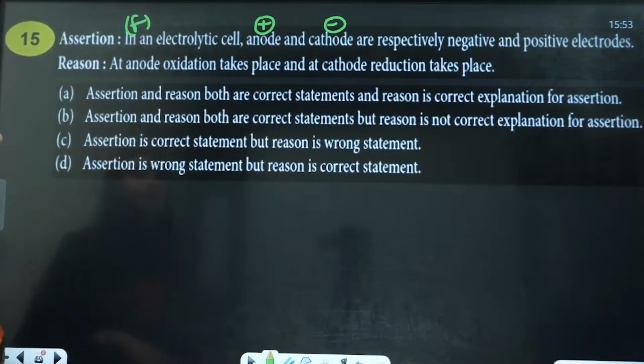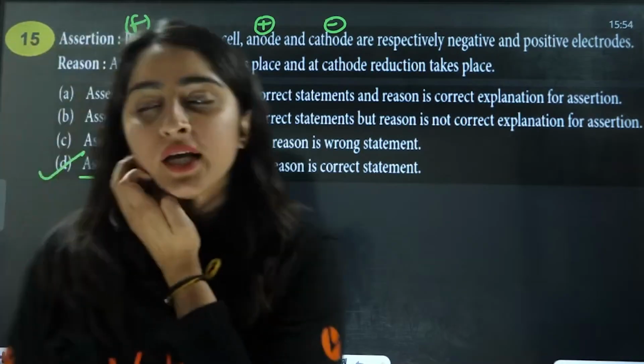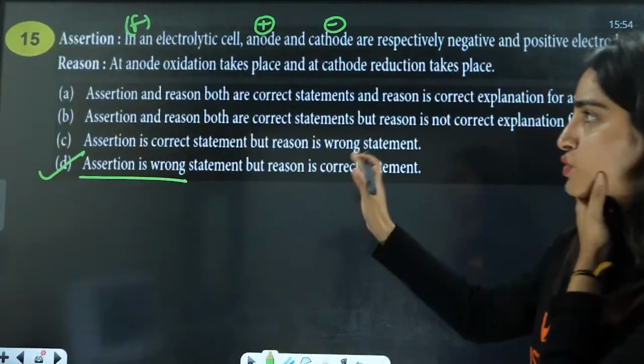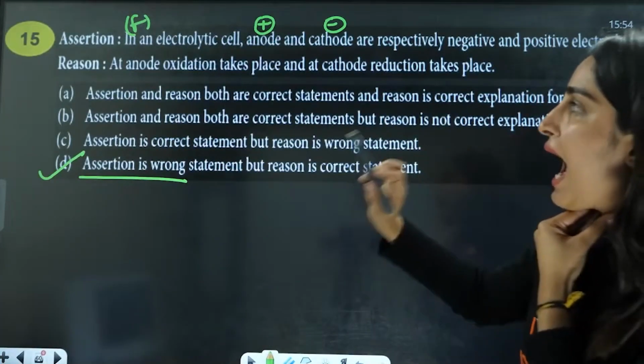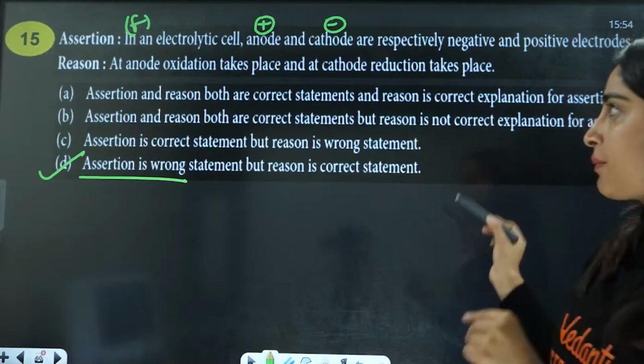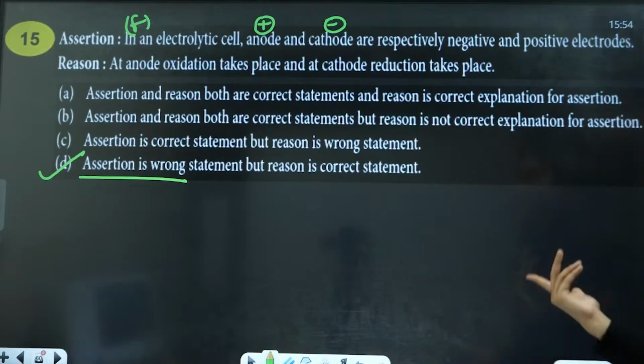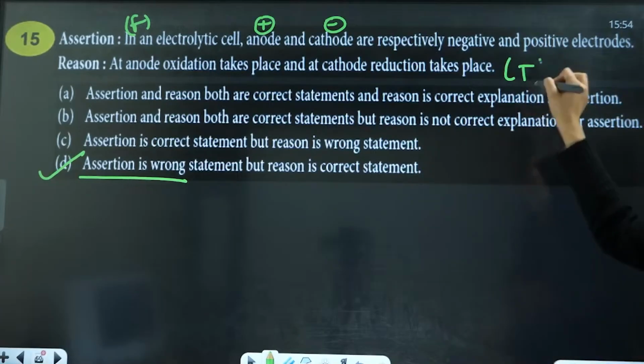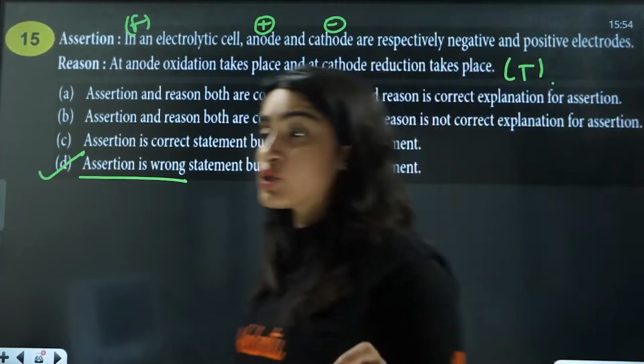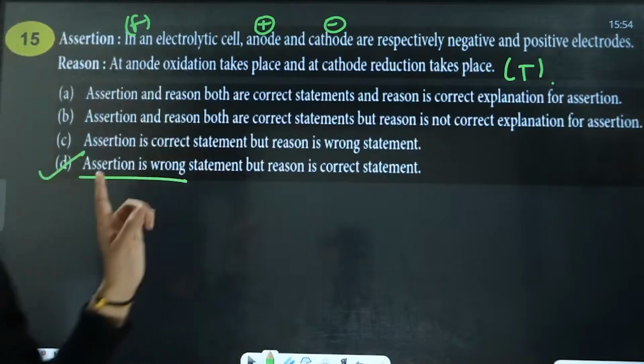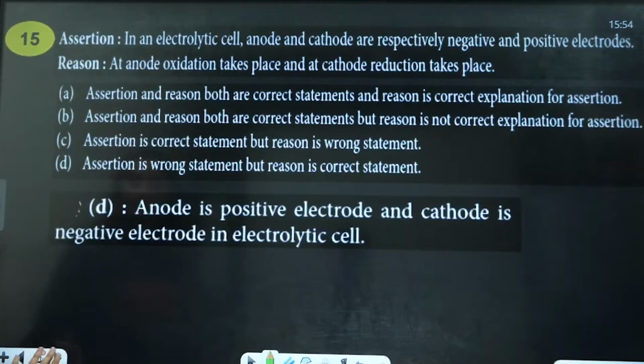This is a false statement, so the answer will be D. Still, we are going to see the reason here. At anode, oxidation takes place, and at cathode, reduction takes place. This is the true statement, but the assertion is the false statement. So the answer is going to be D here.